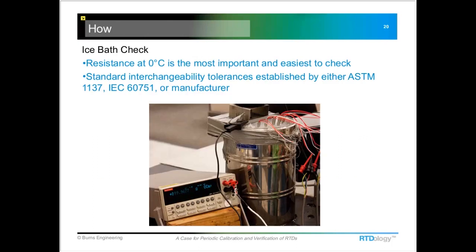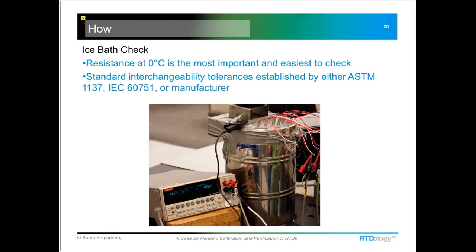So IR is the very first thing you need to check when you're either going to calibrate the probe or do a verification. One of the first temperature points to check would be an ice bath, and this is typically done with a verification check or a calibration.